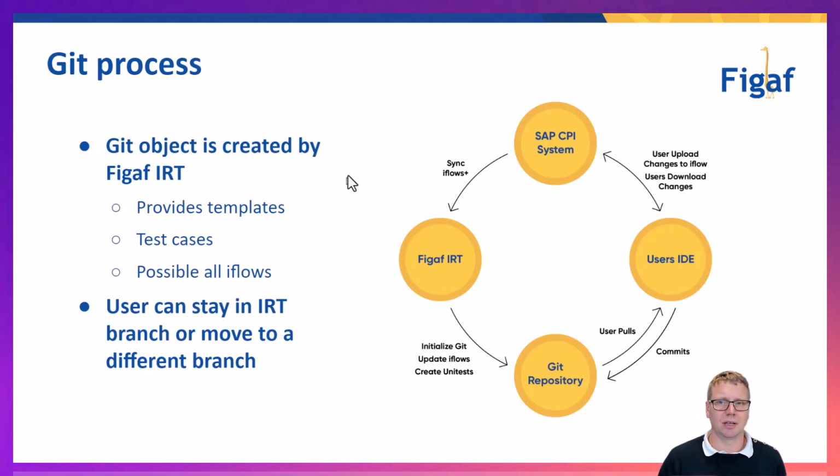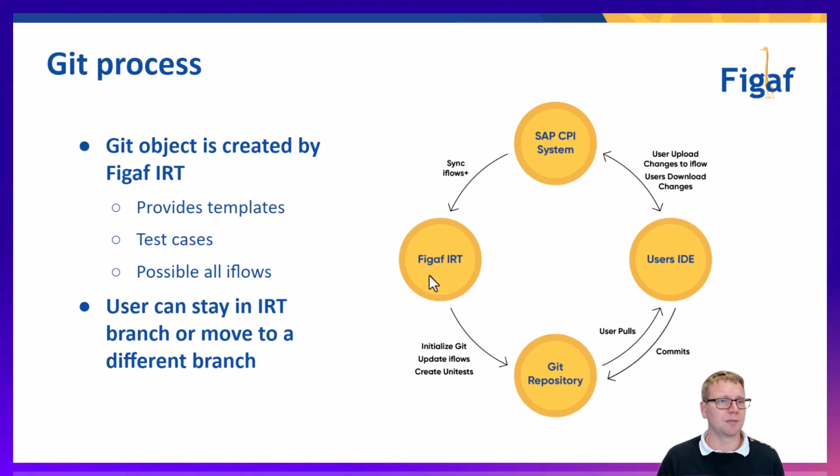So the way the Git process works is we have the CPI, and we synchronize this to FIGAF. Each time we press synchronize, it will then upload to the Git repository. The user's IDE can then pull this. We have some plugins that allow you to update the IDE, or you can commit back to the Git repository. But there's no transport or no way to move the data from the Git repository up to CPI.